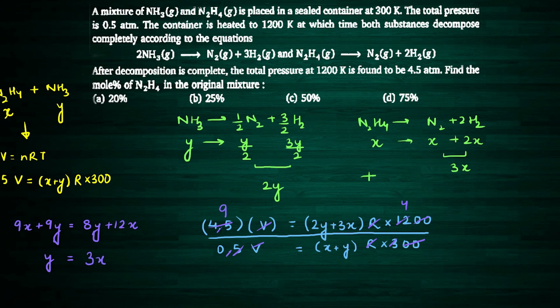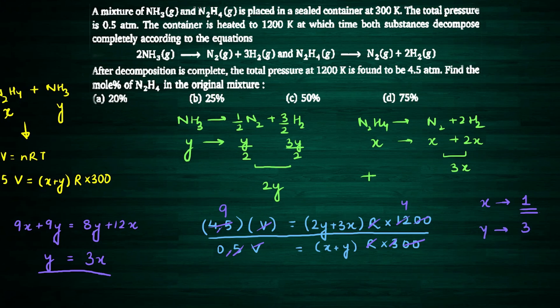So we have got a relation between the number of moles of ammonia and the number of moles of N2H4. So let's say if the value of X is taken to be 1, that is, we have 1 mole of N2H4, the number of moles of ammonia would be 3.